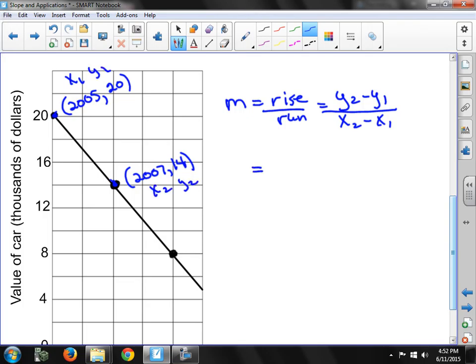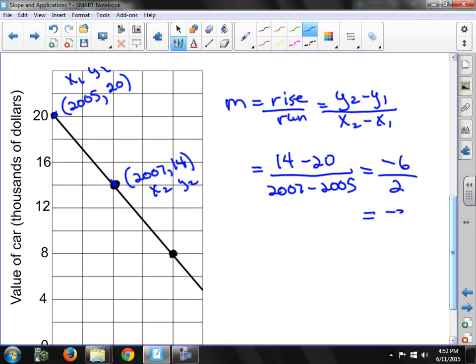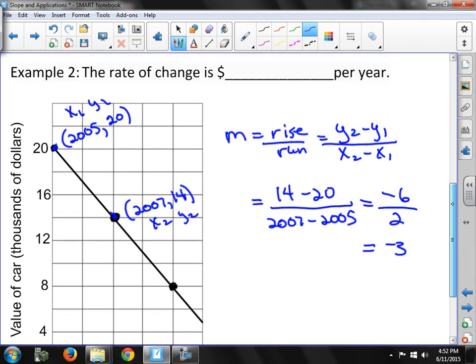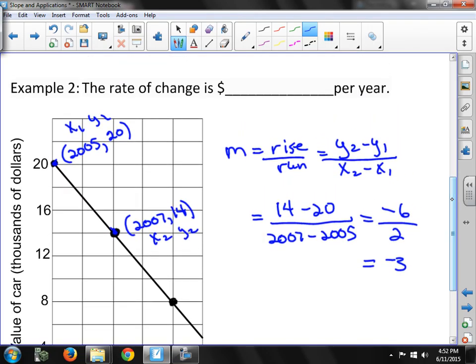We're going to calculate the slope of our line. Remember, it's change in y values. So 14 minus 20 divided by 2007 minus 2005. So I get negative 6 over 2, or negative 3. This is a rate of change of negative $3,000 per year because our scale was in thousands of dollars.